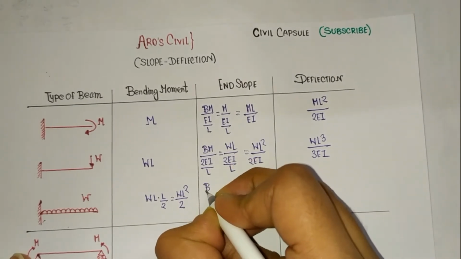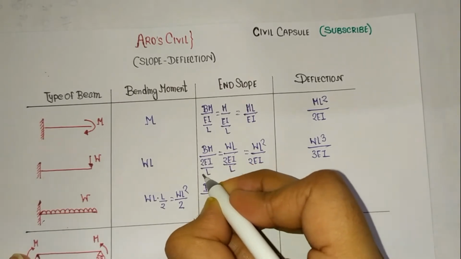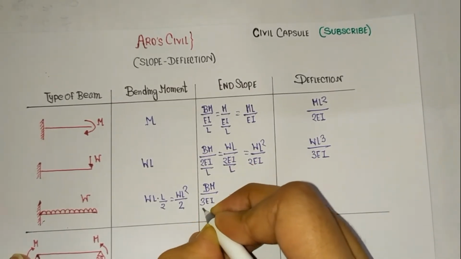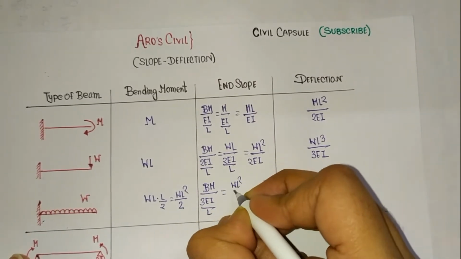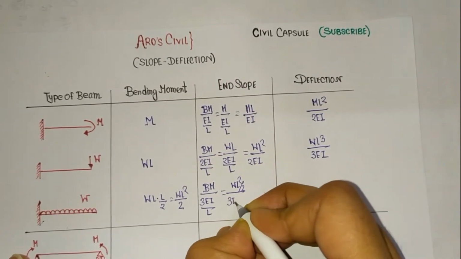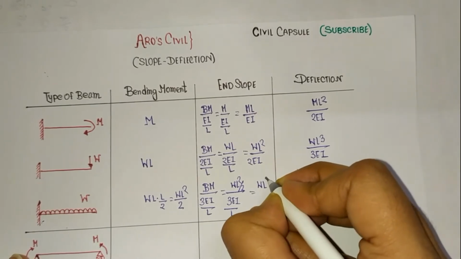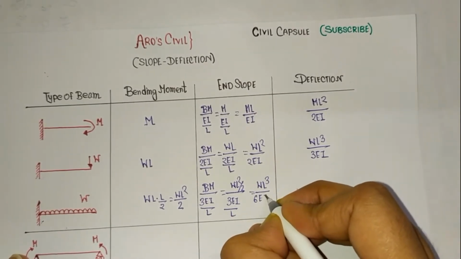Again you can write in this way: bending moment, and here instead of 2 EI by L you have to write 3 EI by L. So here the bending moment value is W L square by 2 and in the denominator 3 EI by L. So it comes as W L cube by 6 EI.